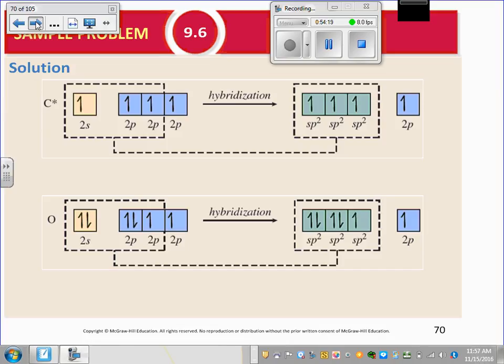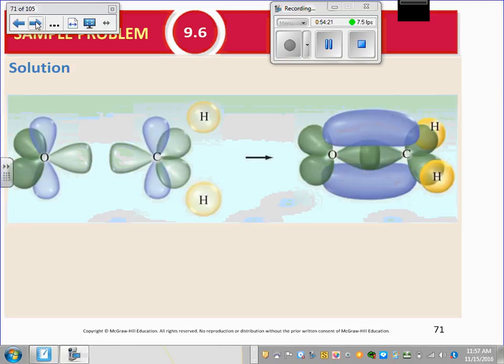And that's what it looks like. They don't do it as well as I do, but that kind of explains the geometry and where everything goes.